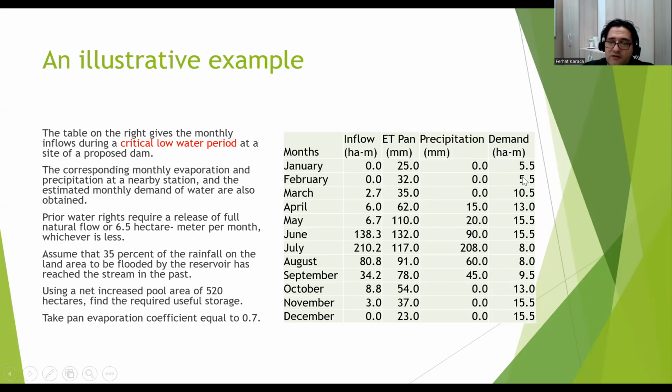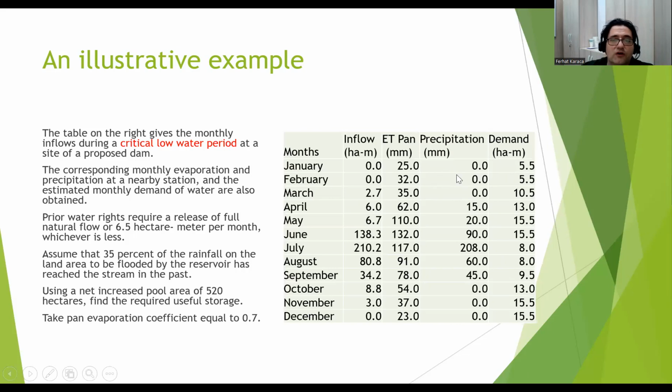And you will see that in these two months, they are not reaching the rights, so they are deficient in terms of water, and in no other months are they deficient. So it means that you are going to construct a reservoir and feed those people in January and February to satisfy their demands. That's why we need a reservoir, and this region is suffering from the problem. Sorry, this is not the correct conclusion. Just forget about what I said.